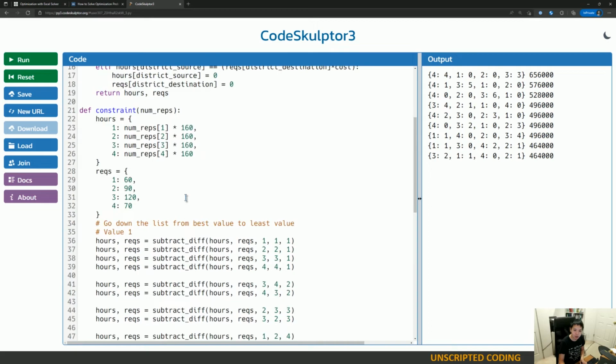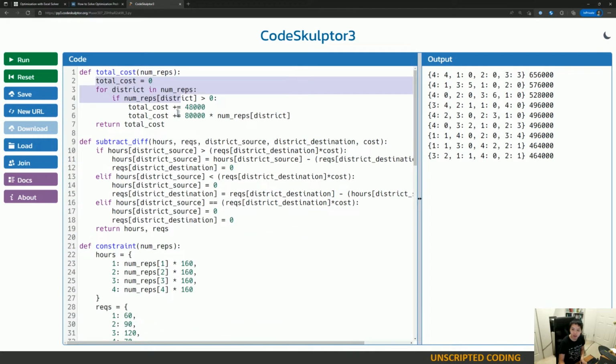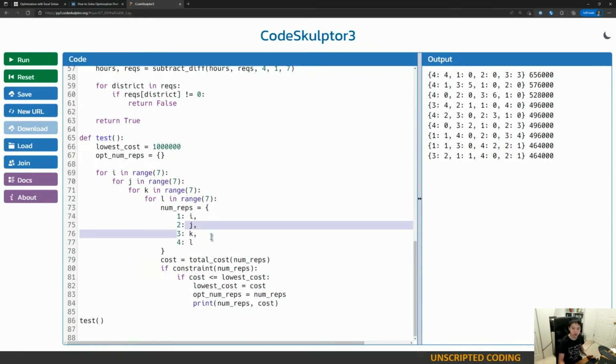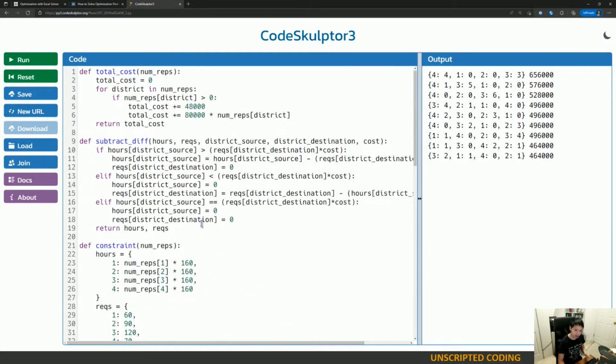First of all, the entire thing was structured around this num reps. And this was a dictionary that basically looks like this. District 1 has, say 1 person, District 2, 1 person, District 3. It's just a dictionary so that you can search by district how many representatives there are.